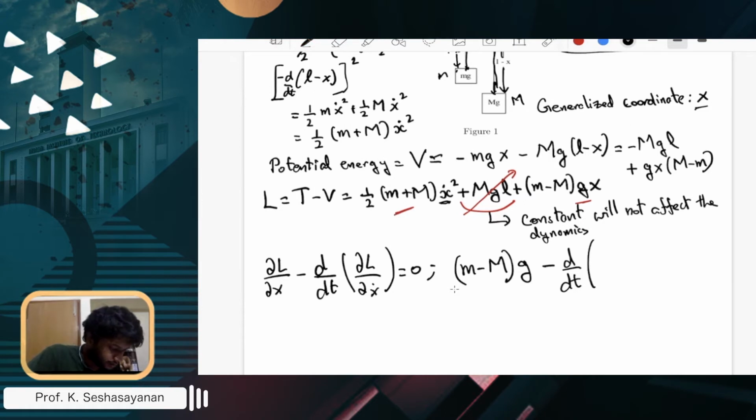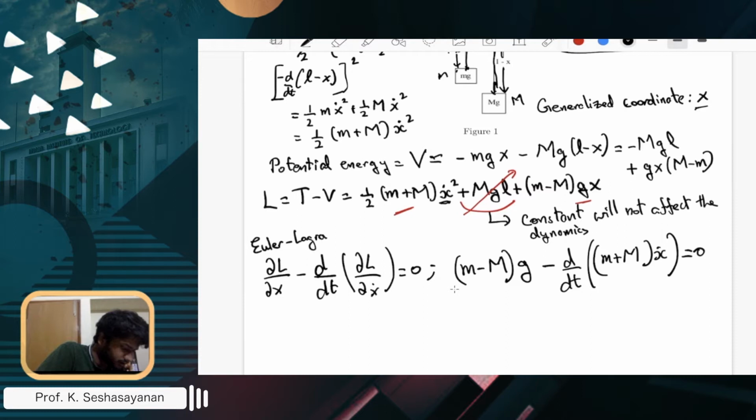That gives you m plus capital M times x dot, which should be equal to 0. So this equation is the Euler-Lagrange equation, which minimizes the action, and with that we get this equation.